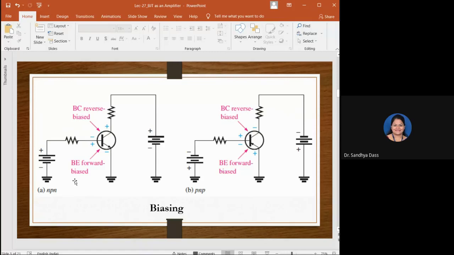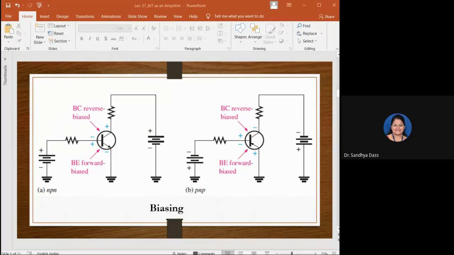Are you all with me at this point? Should I proceed? I hope the recap is sufficient. You are with me? Should I proceed? Once, ma'am, like we are trying a circuit right now. Okay. Yeah, sure. That is the biasing.